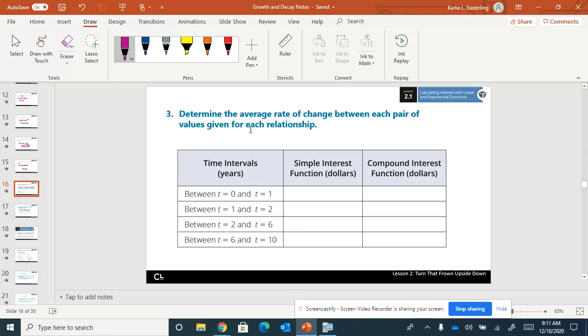All right, so now we're going to determine the average rate of change between each pair of values given for each relationship. So the simple interest here, because the rate of change each time we were going up by $800, I'm okay with y'all just inferring that because you're looking at a line.